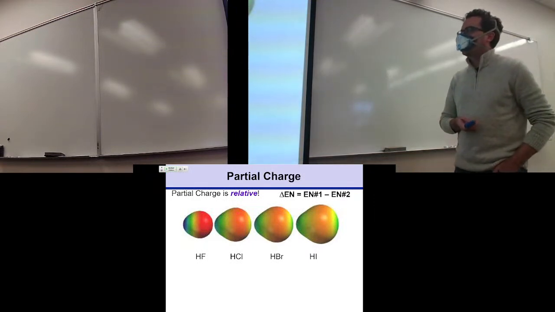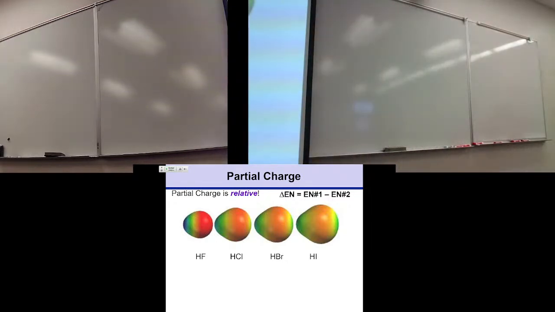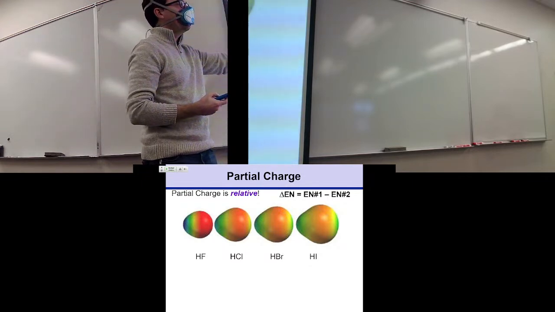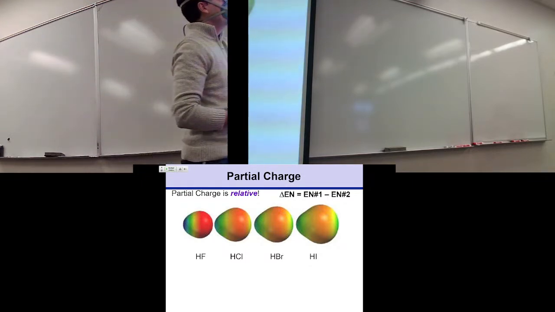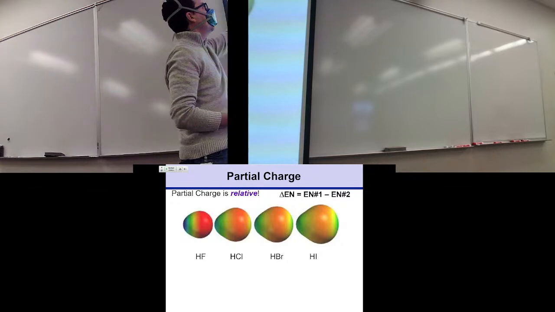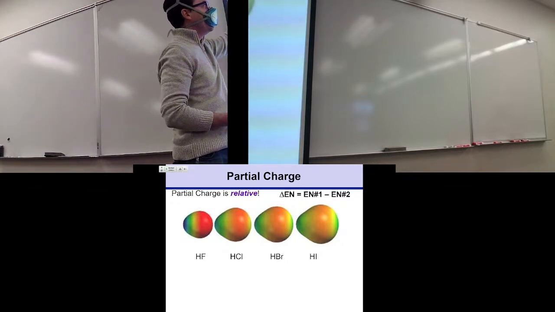So we looked at HF to HI, and I'll just point out that the difference between red and blue is very distinct here, which tells you that this is a very polar bond. The red side is pretty much to one side of the molecule, so you can really see that this side of the molecule is slightly negative, that side is slightly positive. Very polar.